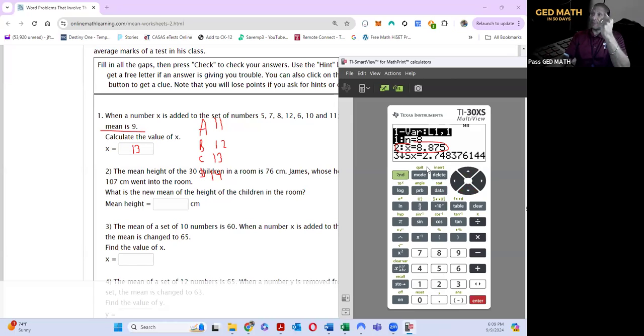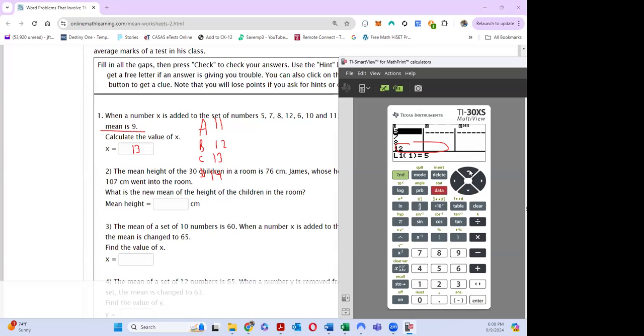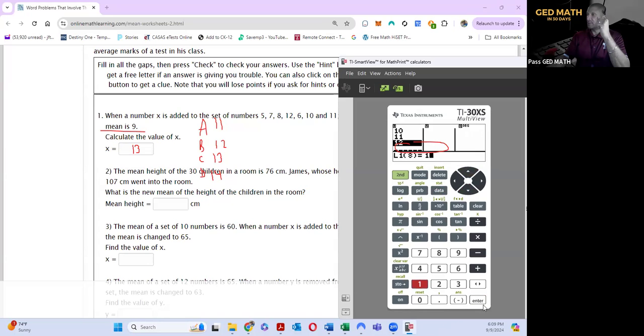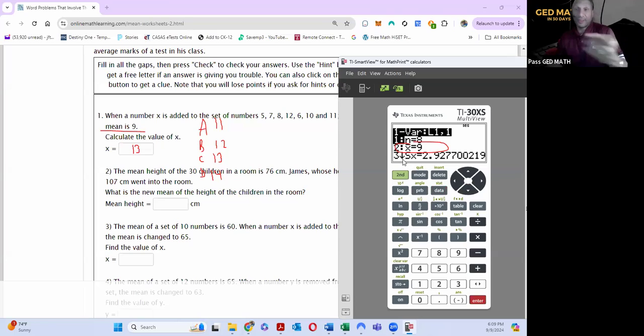So I know it's not B. Go to my third one. Instead of 12, put 13, hit enter. Second data, one variable, calculate. I look at my X bar and I see my average is 9. Now I'm done.